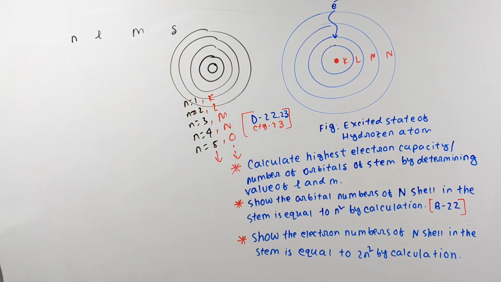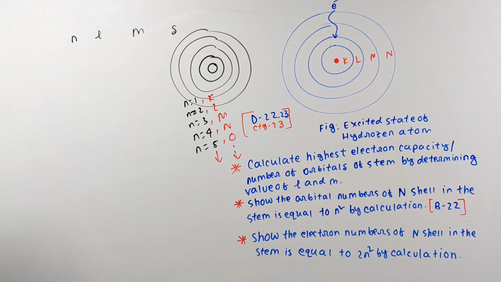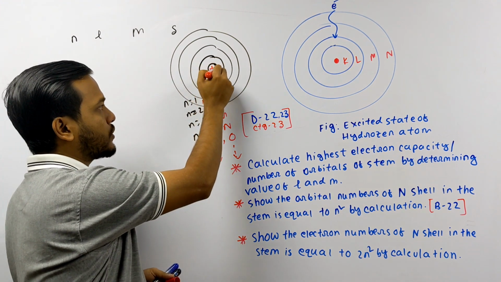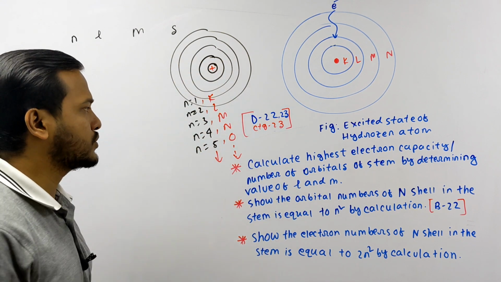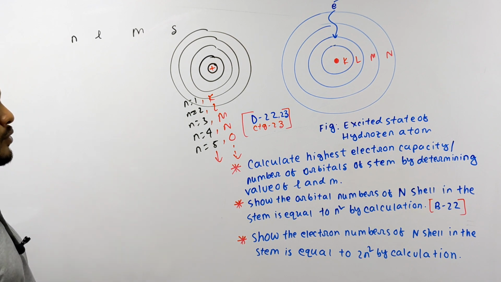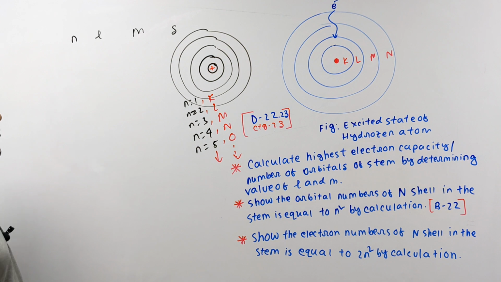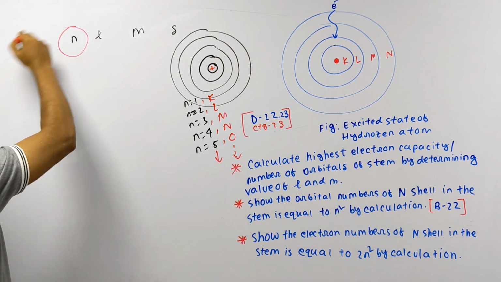The origin of n is from Bohr's atom model. According to Bohr's atom model, the electron rotates around the nucleus in a circular path, and these circular paths are 1, 2, 3, 4, 5, also called K, L, M, N, O, P. So you have already known n, right?